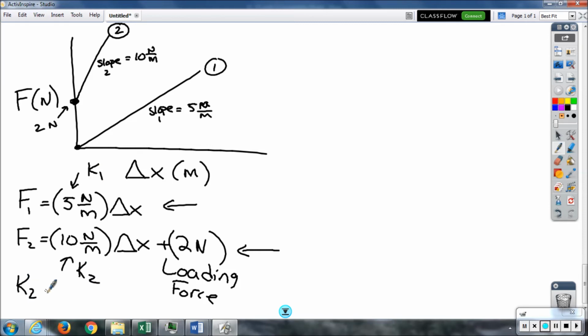So if K2 is greater than K1, then K2, the second spring, must be a stronger spring. So it's harder to stretch. In order to stretch spring 2 1 whole meter, you have to exert 10 newtons of force. So you'd be doing more work stretching it 1 meter than you would stretching spring 1 by 1 meter, because you'd only have to apply a 5 newton force.